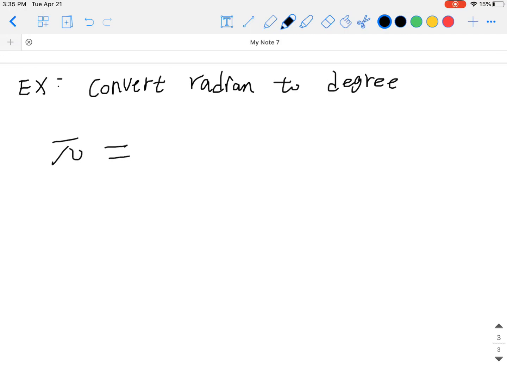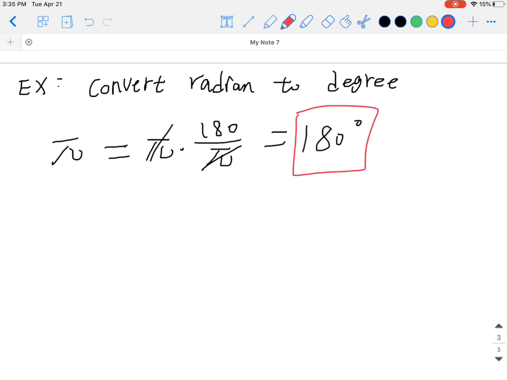For example, if we have pi, the best way to convert is by multiplying back, but it's no longer pi over 180. It's 180 over pi. And then pi and pi cancel out. It's 180 degree. And based on this, pi is 180 degree. This would be a trick to solve everything else.